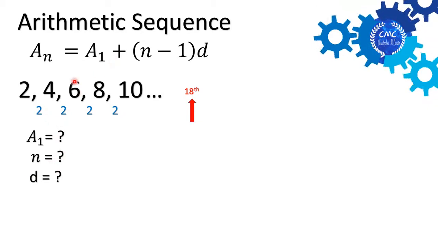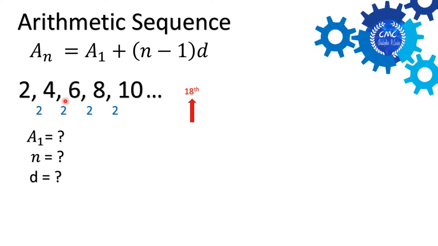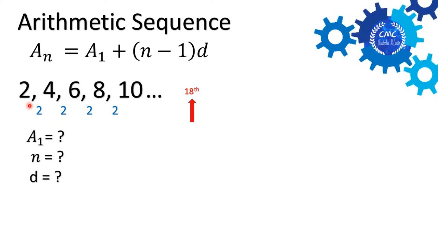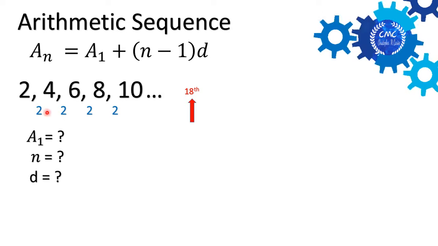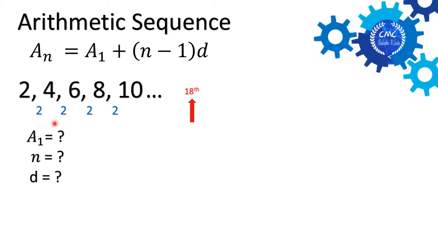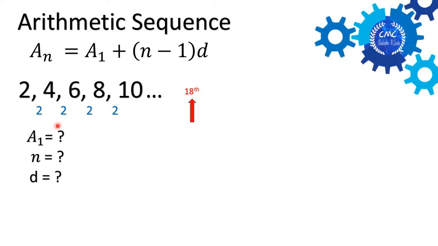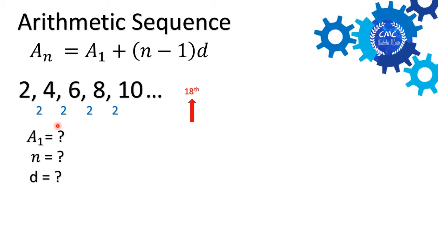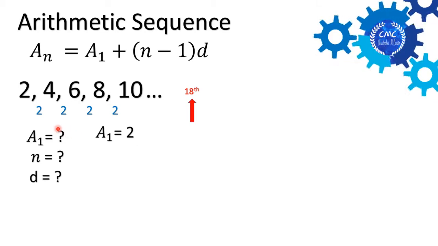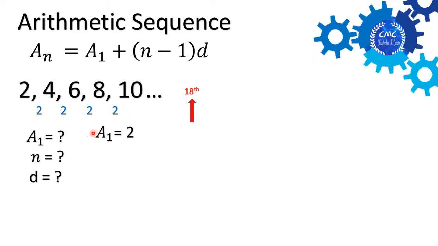So for this sequence, we find a sub 1, which is the first term, and we can also find the common difference. The first term here is 2, and we will use this later in the formula.